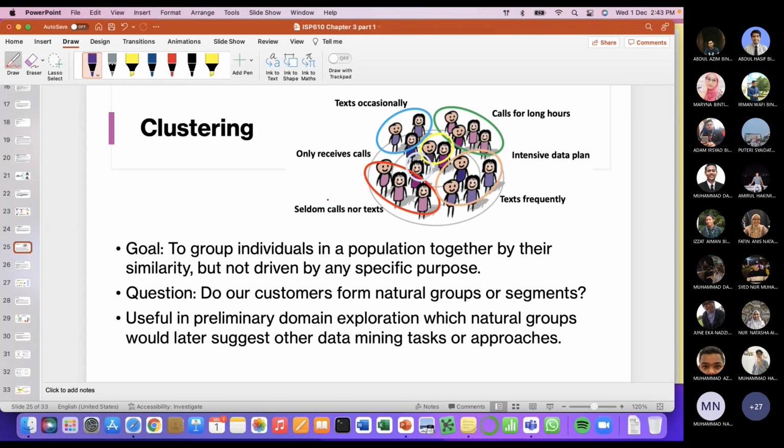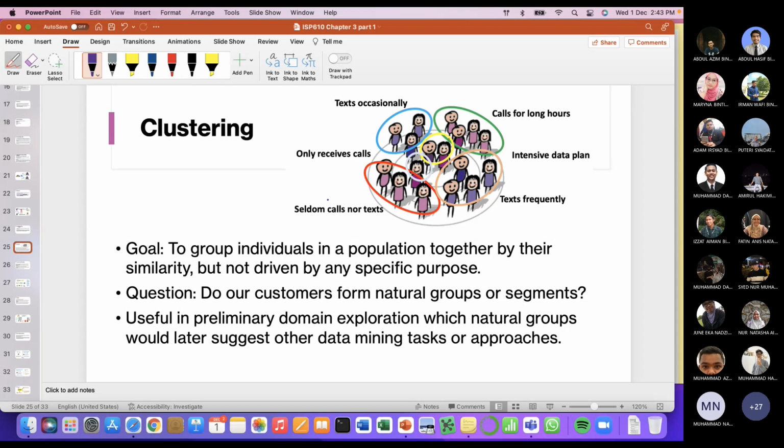So the question that we can ask here is, do our customers form natural groups or segments? Okay, kalau you nak buat customer segmentation for your FYP, for example, okay, you can use clustering methods. People always use k-means for customer segmentation, or you boleh juga pakai cohonen.